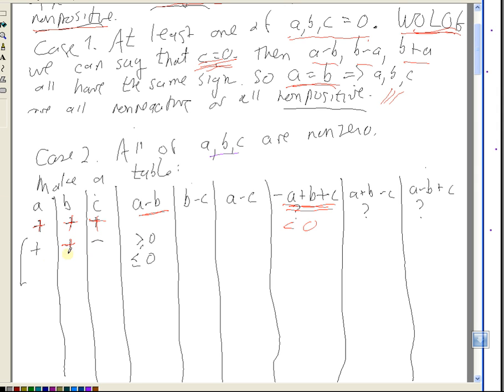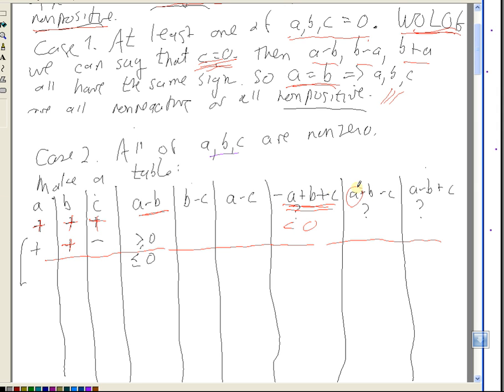Here, I'll make a line to distinguish these two cases. What about this number?